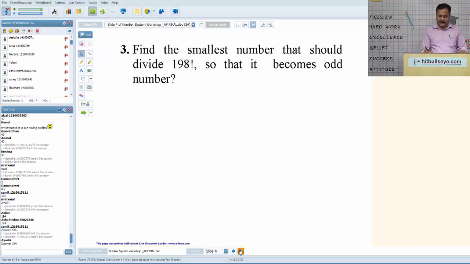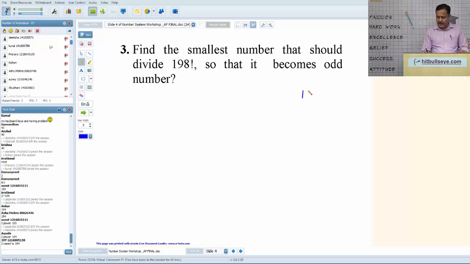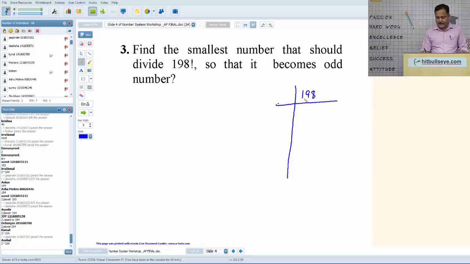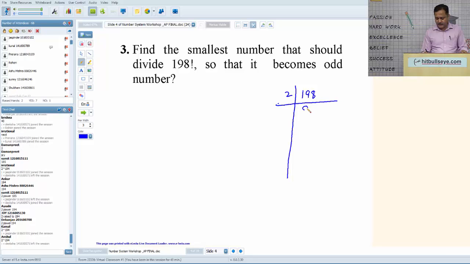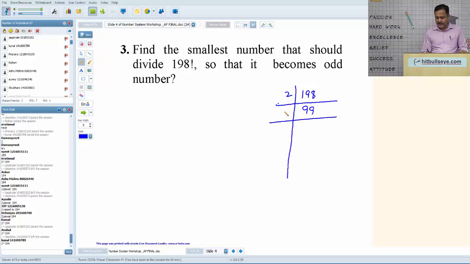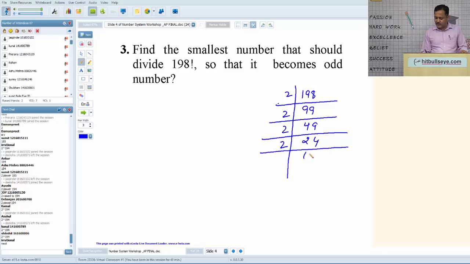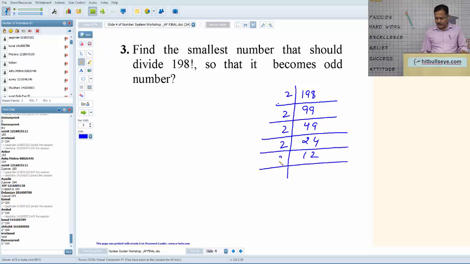So divide 198 by 2 successively. 198 divided by 2 is 99, again divided by 2 is 49, again divided by 2 is 24, again divided by 2 is 12, and again this is 6. Next 3.